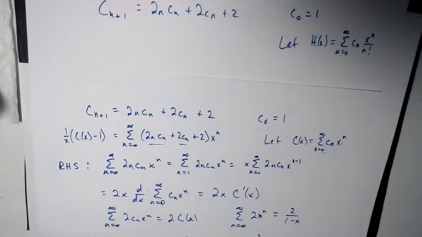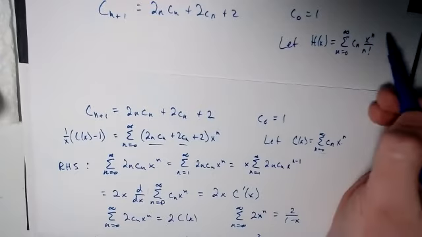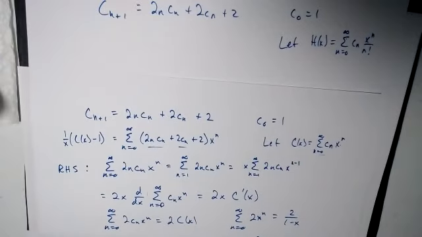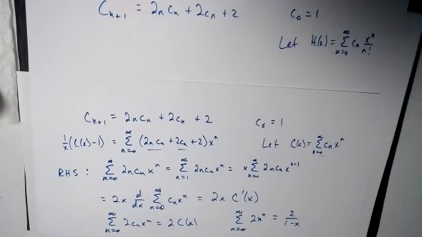Now, there are some downsides to this. We are going to have to be really careful when we reindex because we need that x to the n over n factorial in order for it to be an exponential generating function, and we've got to deal entirely with exponential generating functions.